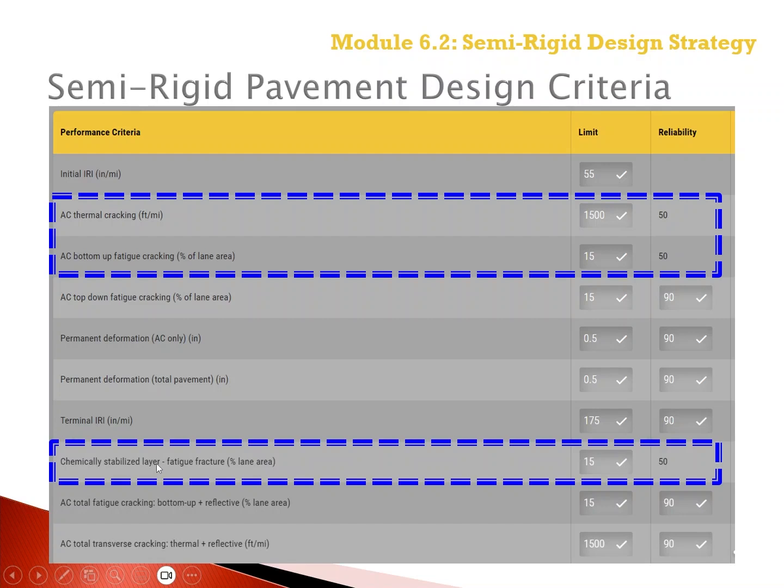The reliability is applied to the total fatigue cracking, bottom-up and reflective, that we can see and measure at the surface, as well as the total transverse cracking of thermal plus reflective shrinkage cracks from the chemically stabilized layer that we can see and measure on the pavement surface.